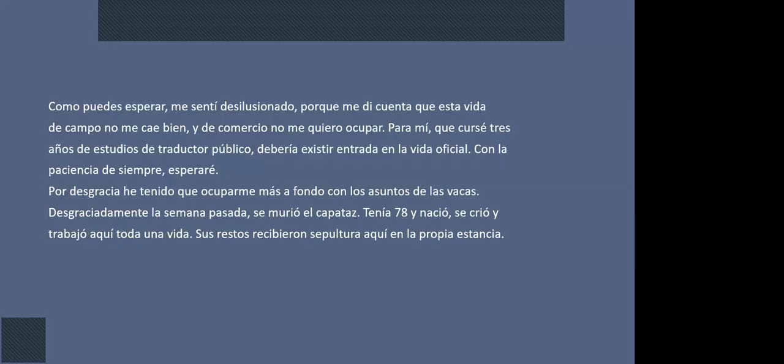So I was disappointed because I realized, me di cuenta, that esta vida de campo, okay? Life in the farm or farming, no me cae bien, okay? It's not my thing, probably, because I want to be colloquial and very clear.